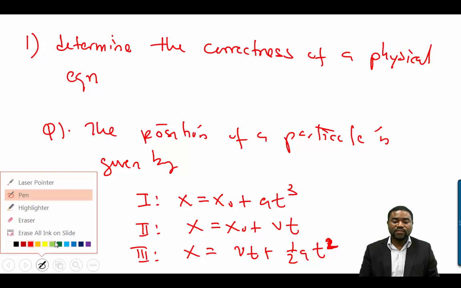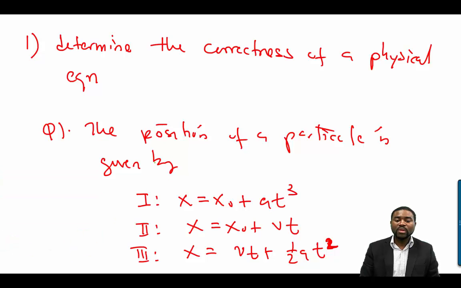In order for us to solve this problem, we need to look at the dimensions to see which of the equations is dimensionally correct. Yes, please? For 2, do you assume that there's no acceleration? We don't know. All we need to determine is which of the equations is dimensionally correct. So let's look at it this way.